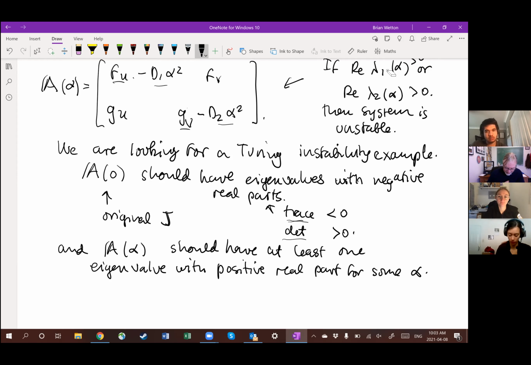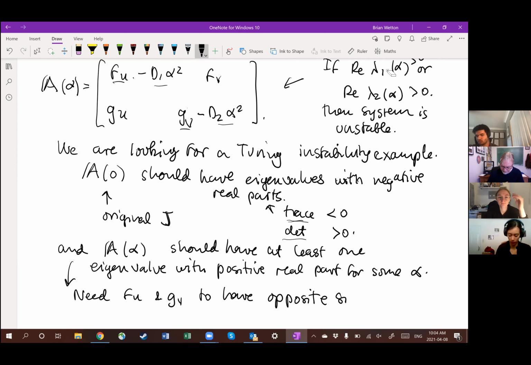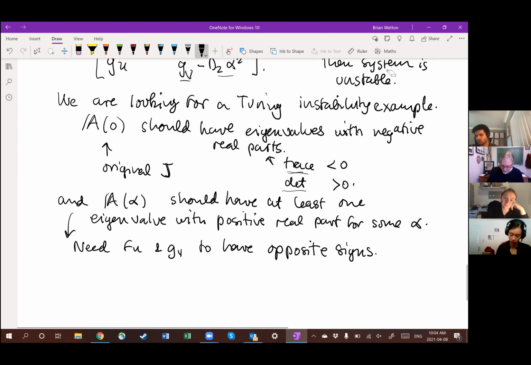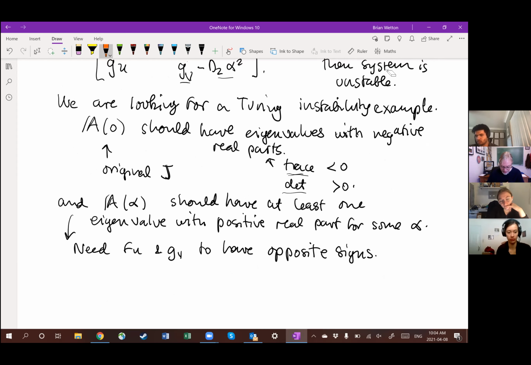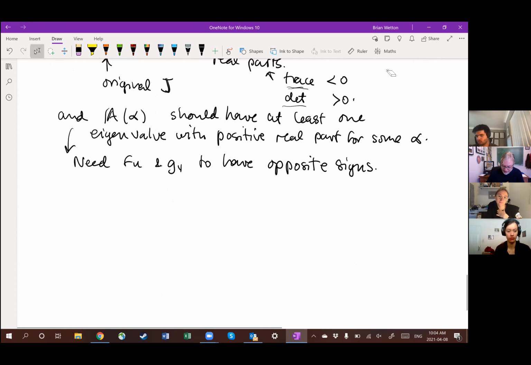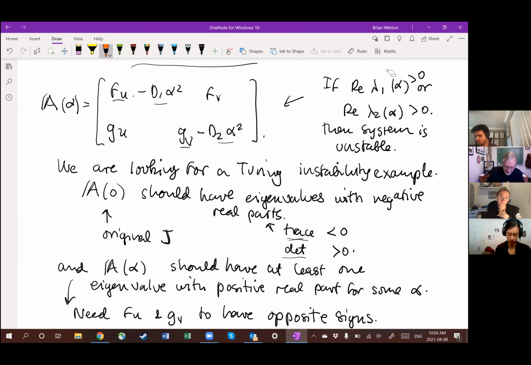So for this property, I'm going to need F_U and G_V to have opposite signs. And if F_U and G_V have opposite signs, then as I'm working out the determinant, I'm going to have a negative number, and then I have to subtract the G_U times F_V, and I have to get something that's positive.